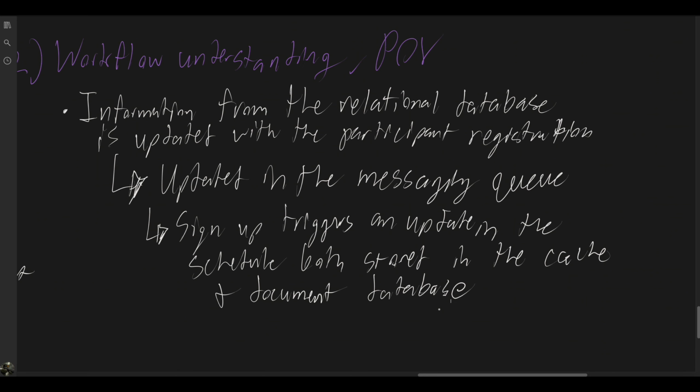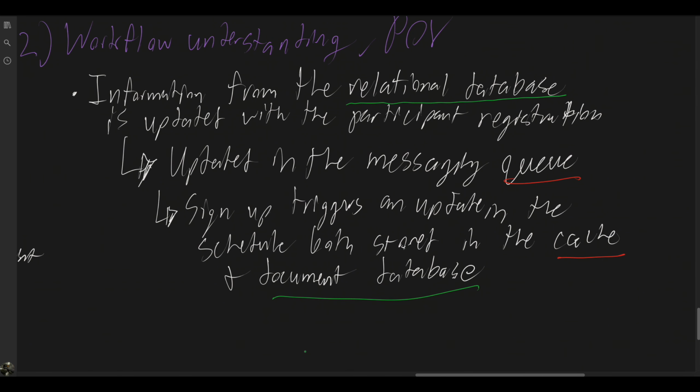And so I'm just going to put it right here: cache, queue, relational database, and the document database. So we worked our way from previous, since we had to divide up exactly how each component would flow through in the relationship if we were to give a point of view perspective.